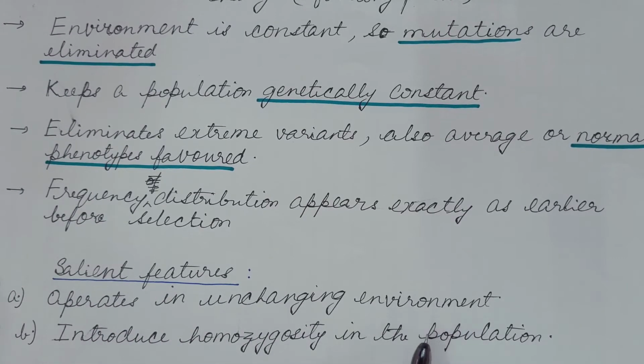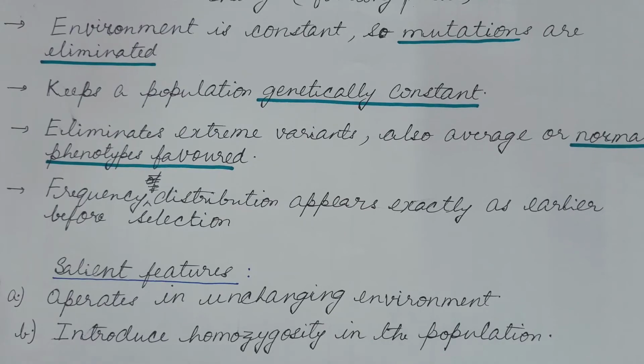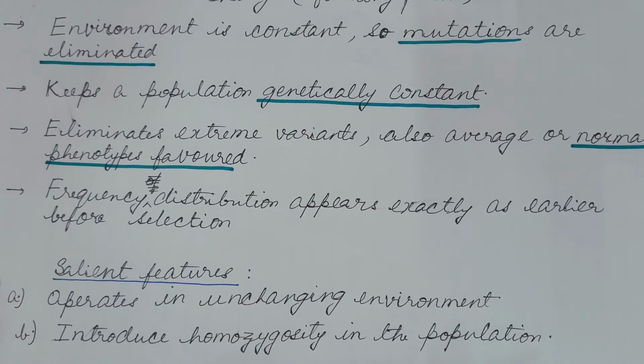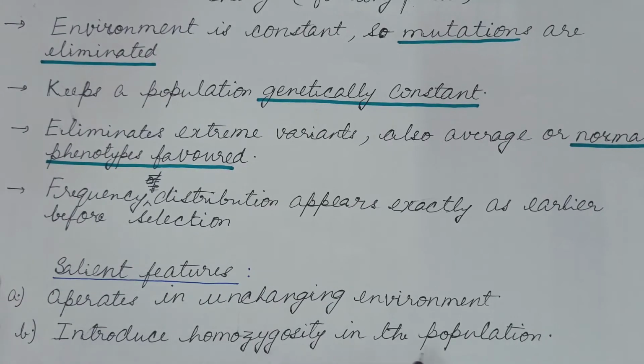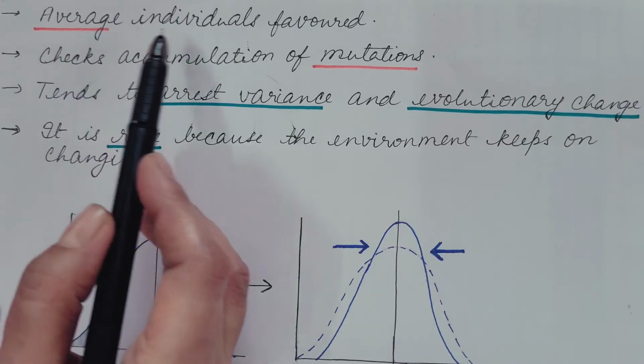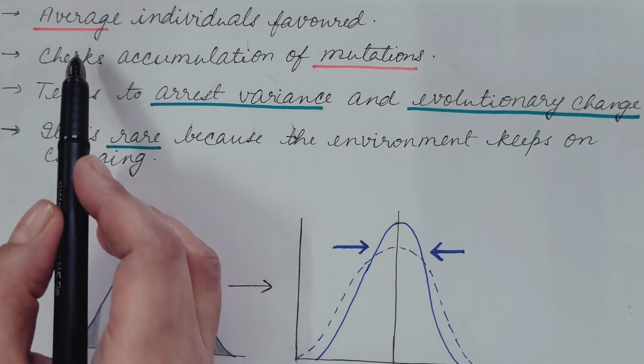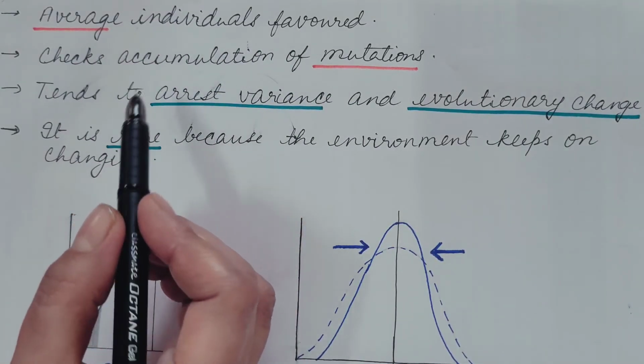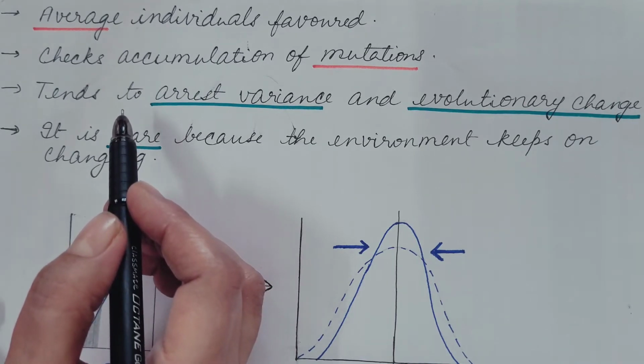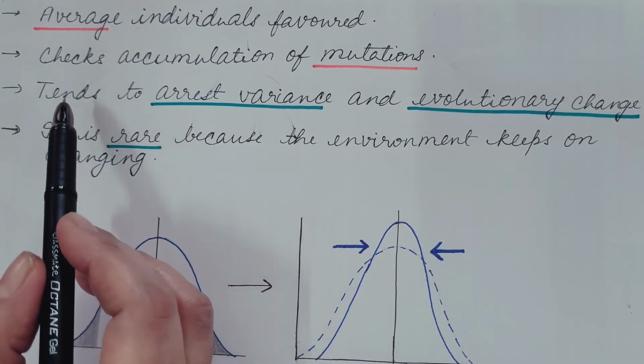It takes place in the environment which is almost constant. Introduce homozygosity in the population. Since the environment is almost constant and hence homozygosity in the population is introduced. Average individuals are favored. So, it favors the average individuals and extreme phenotypes or individuals are eliminated.